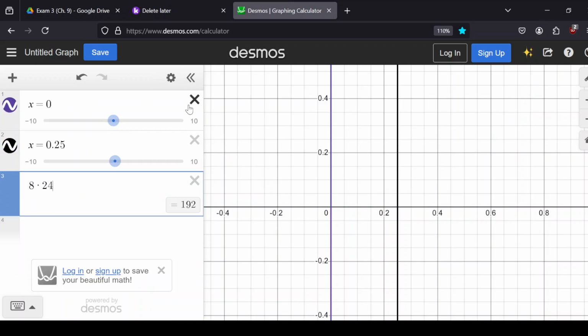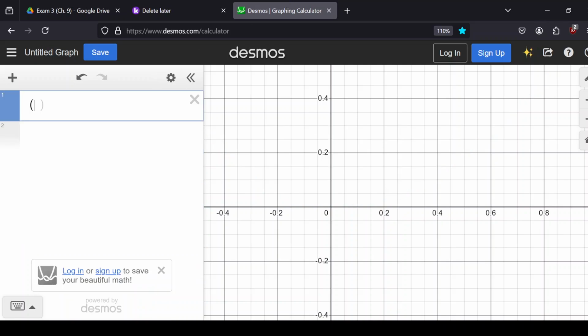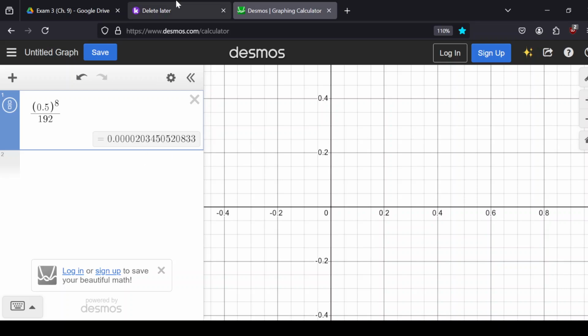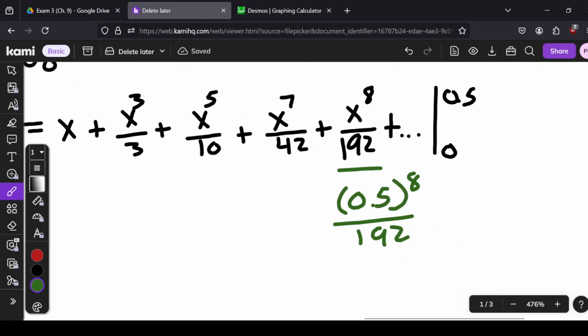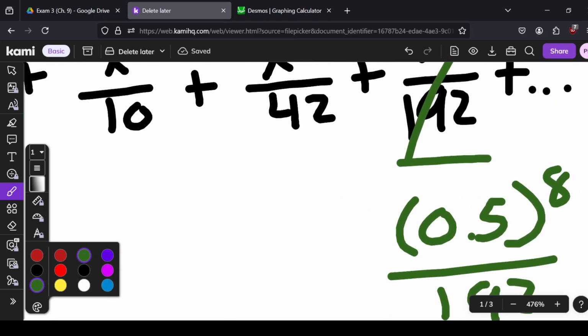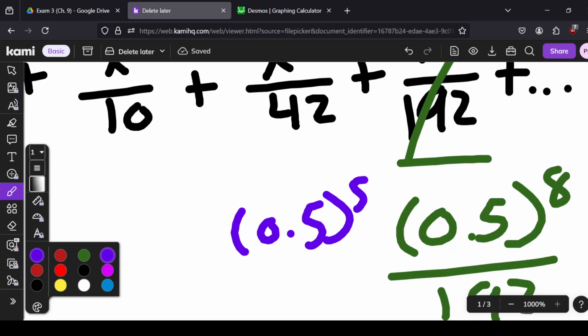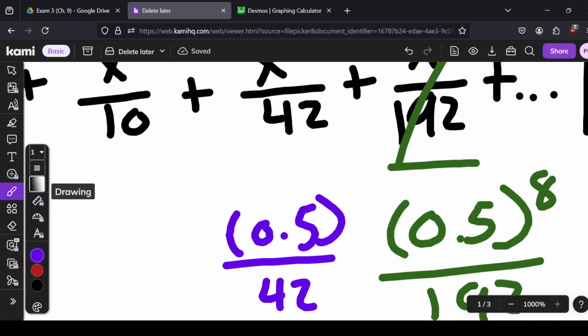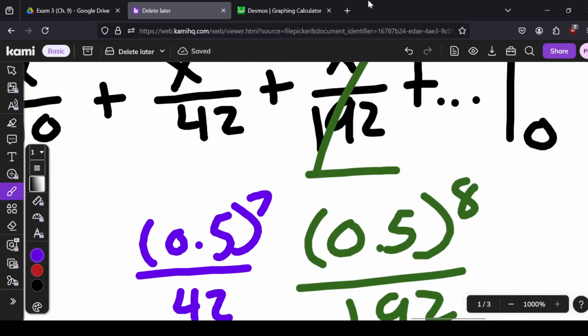Put that in. It's for sure less than what we're looking for. Yeah, wrong color. 0.5 to the 8th over 42. It's not an 8 to the 7th.